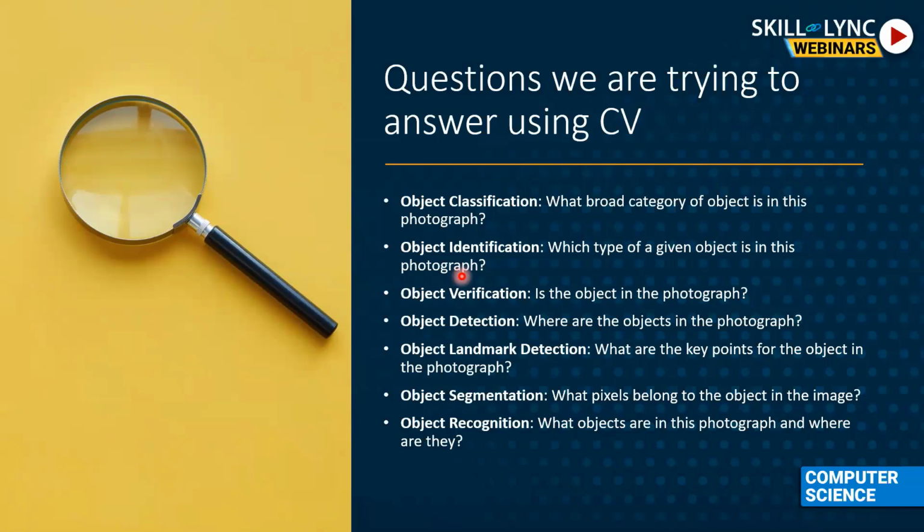We can also use computer vision to verify. When we are looking at someone's passport, we can use computer vision to verify. Now, this might seem confusing, object identification and the difference with object verification.